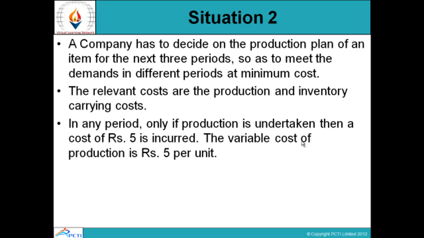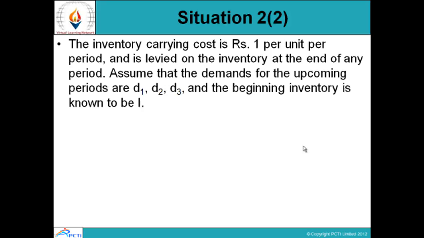The variable cost of production is rupees 5 per unit. The inventory carrying cost is rupees 1 per unit per period and is levied on the inventory at the end of any period. Assume that the demands for the upcoming periods are D1, D2, D3 and the beginning inventory is known to be 1.